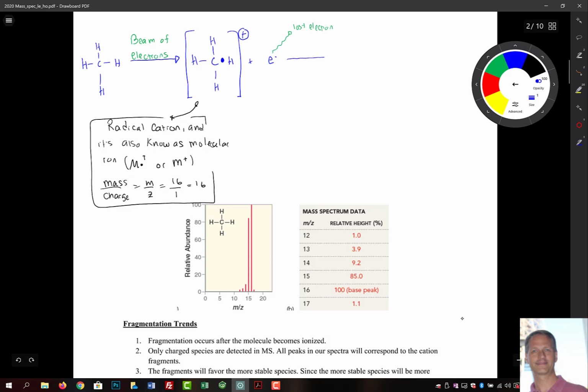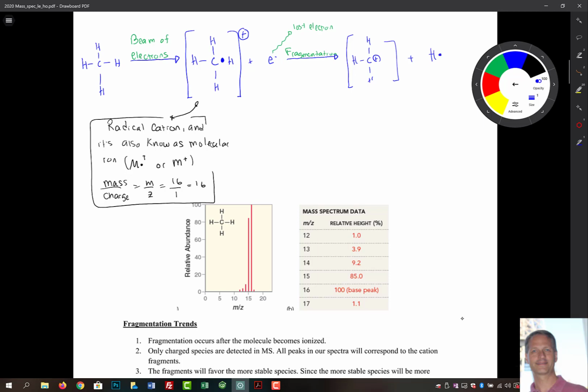What happens next is we get fragmentation. With fragmentation, we see a full cation being formed here. We get our carbon atom here with a positive charge plus H radical.